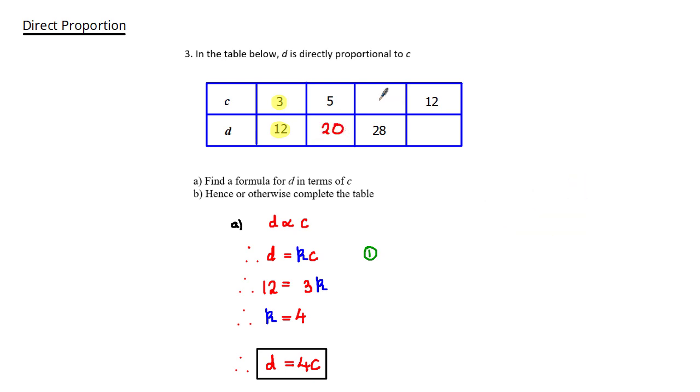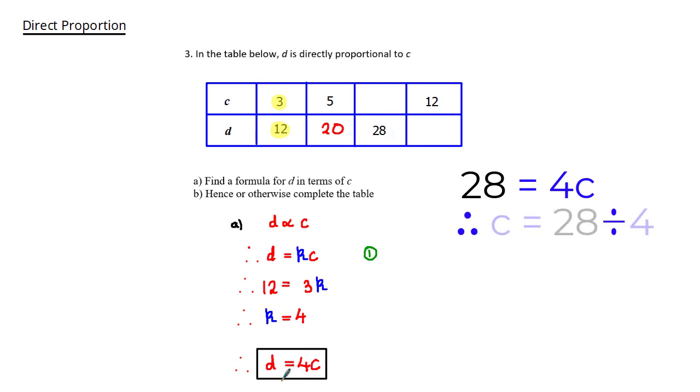To work out the value of C when D is equal to 28, we need to sub D equal to 28 into this formula. And so in order to work out the value of C, if D was equal to 28, we would need to do 28 divided by 4 to get that C is equal to 7.